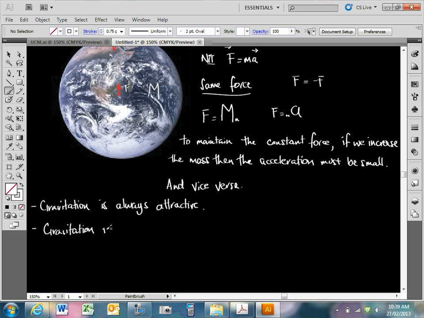Gravitation is mutual between two masses.